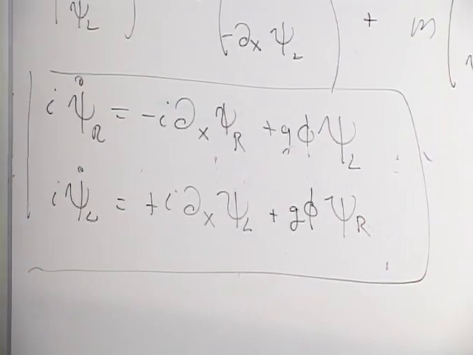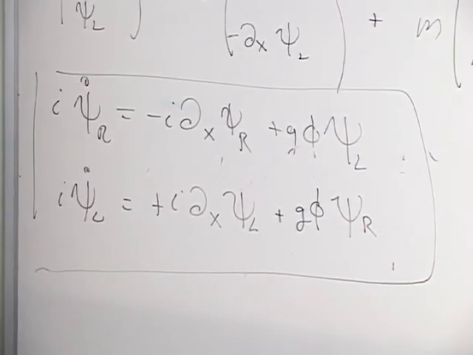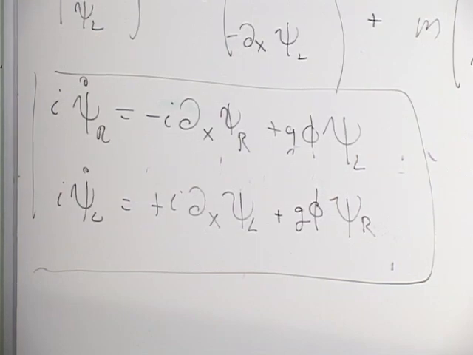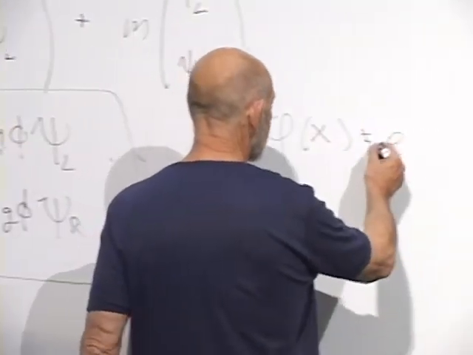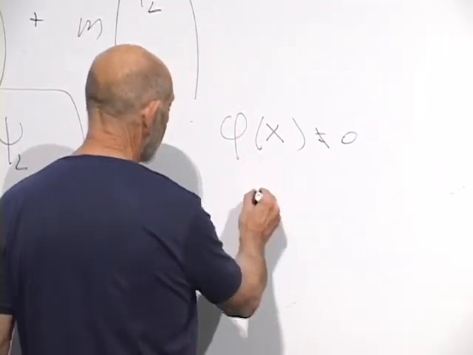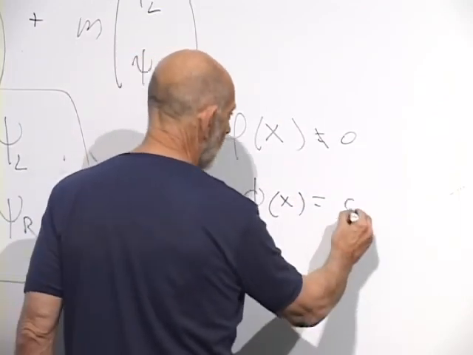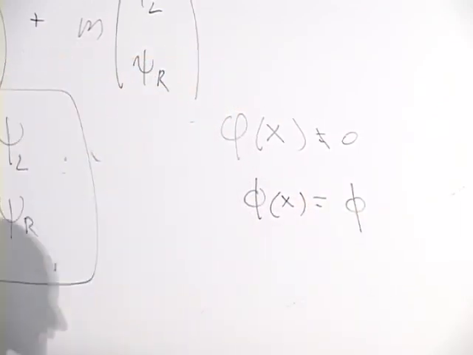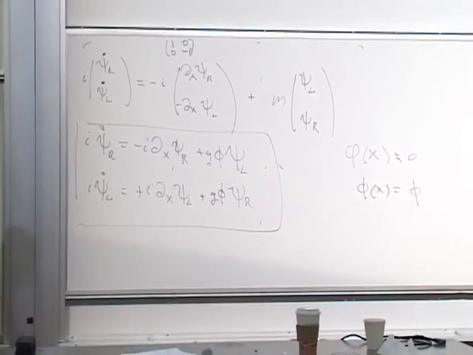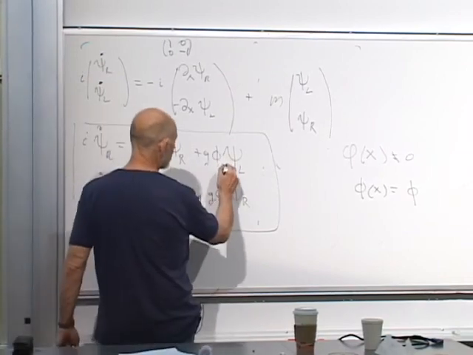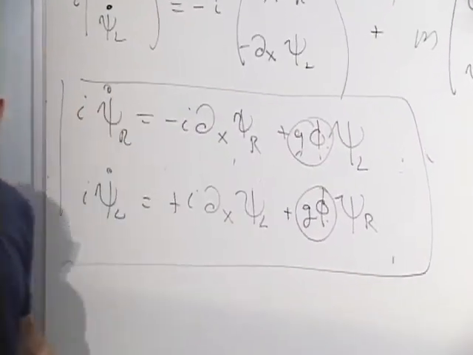But if for some reason the energetics of the Higgs field favor the lowest energy having a non-zero value, a constant phi of x, then if the empty space were filled with phi, phi here would just be the constant value, and all of this would play the role of the mass.